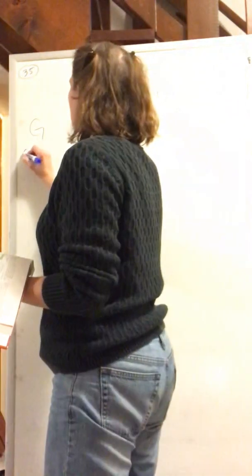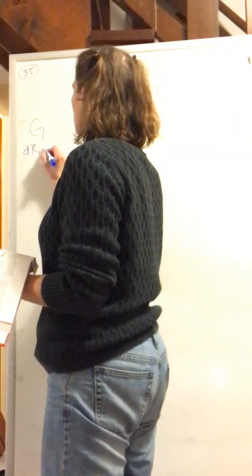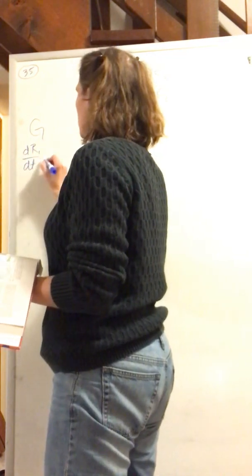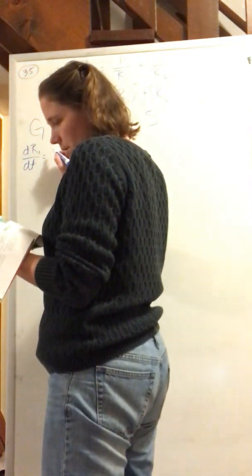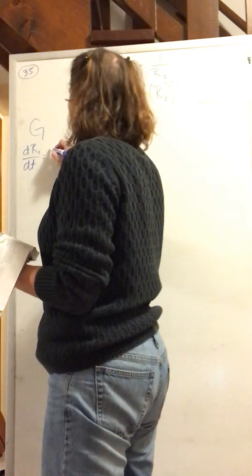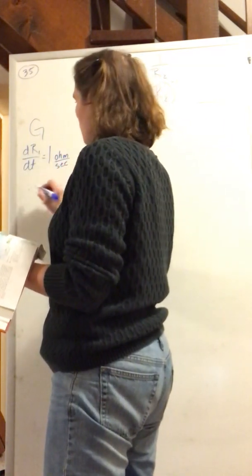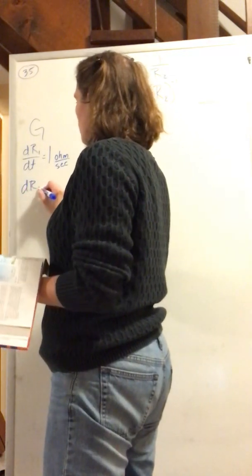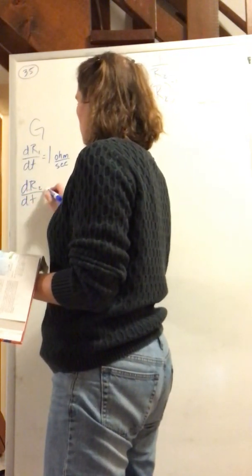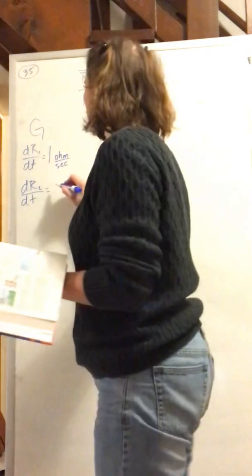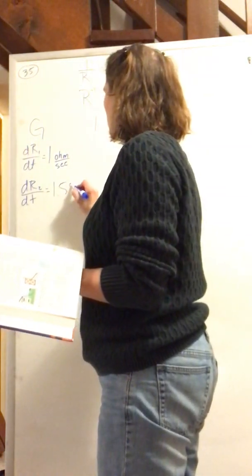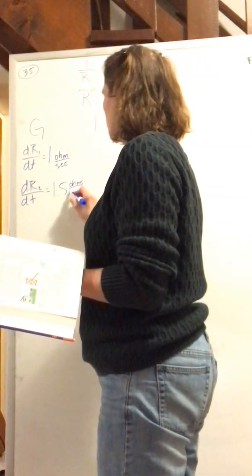So we're given that dR1/dt is equal to, it's increasing? Yes, increasing. So 1 ohm per second, and dR2/dt is increasing at 1.5 ohms per second.